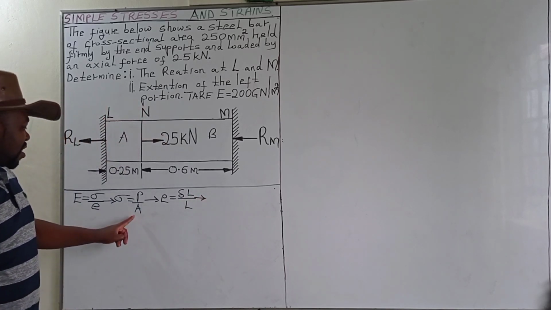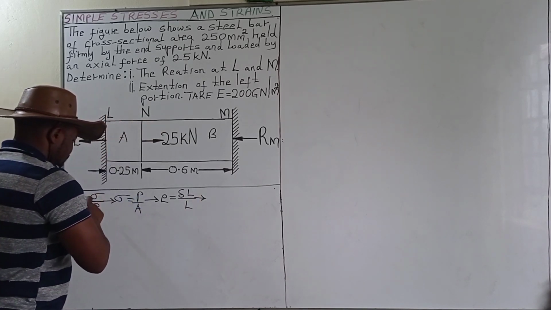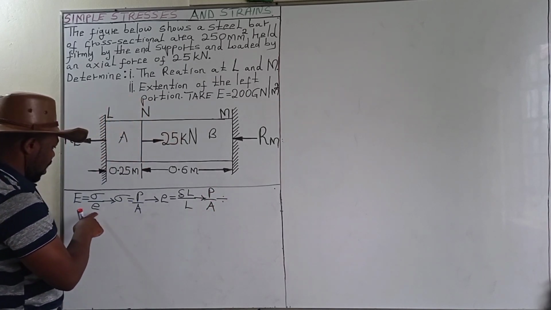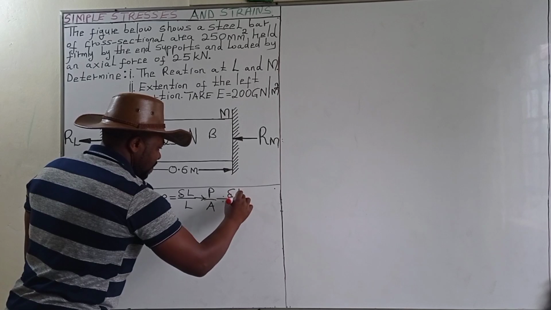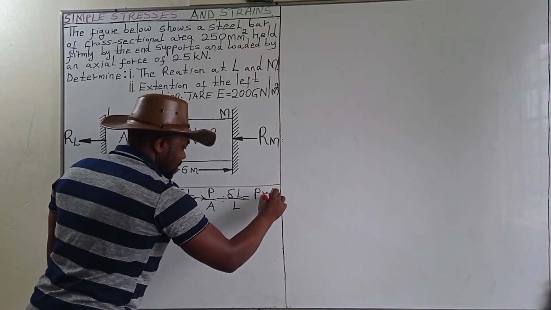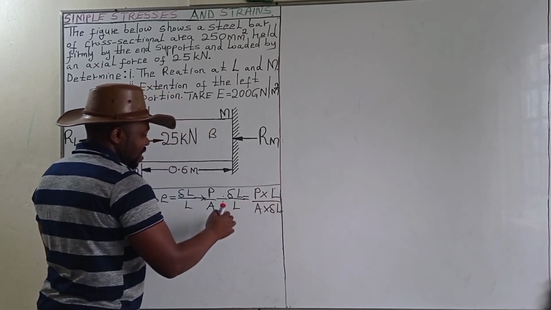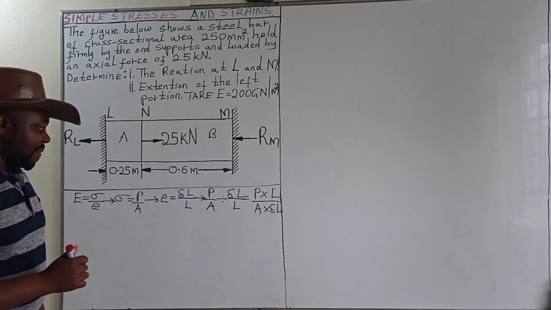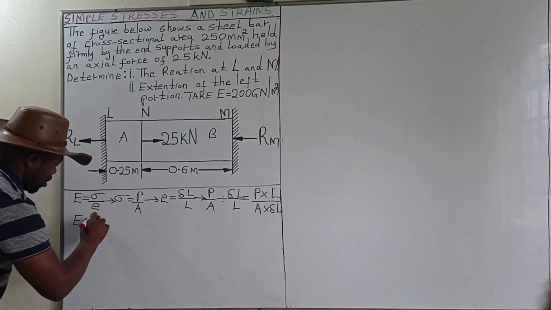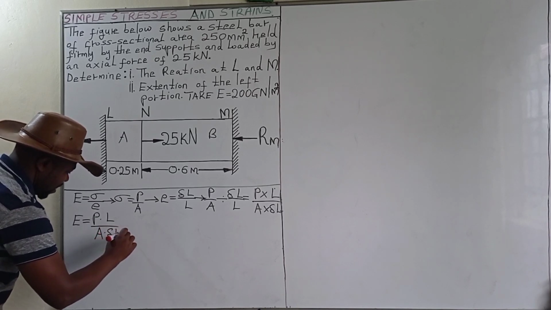So when we substitute the value of stress and strain, we are going to have stress, load over area, divided by strain, changing length over the original length, to give us load times length divided by cross-sectional area times the change in length. That is the reciprocal of strain. So the Young's modulus of elasticity will be given by load times length divided by cross-sectional area times changing length.